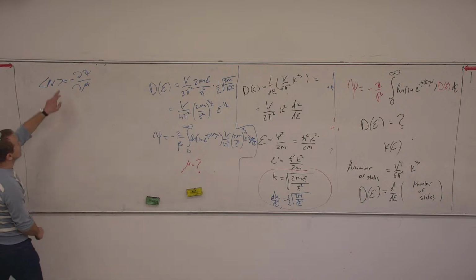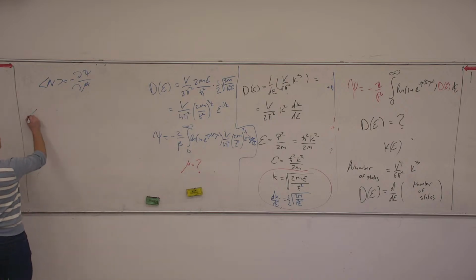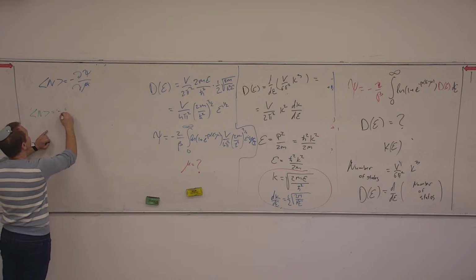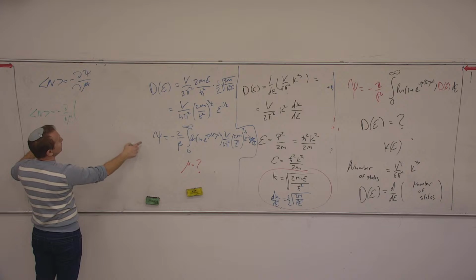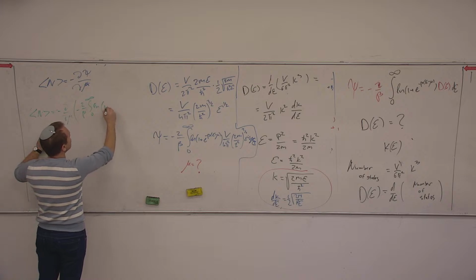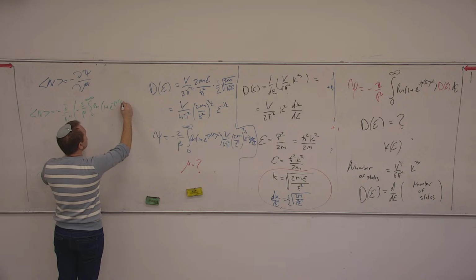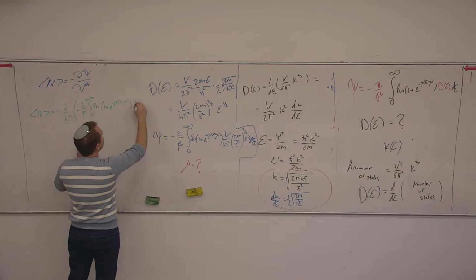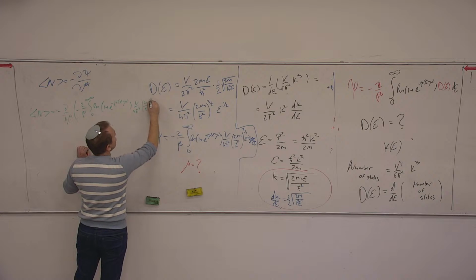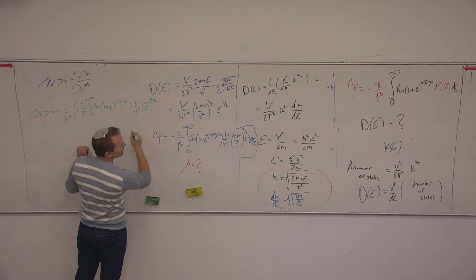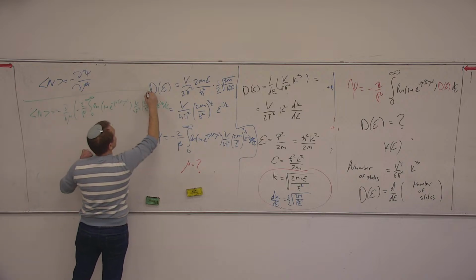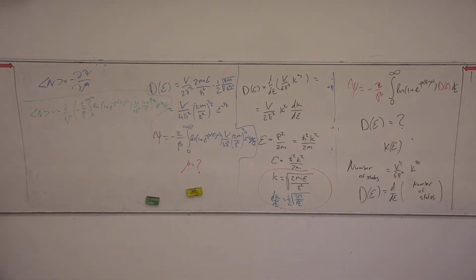Okay, so how are we going to do it? Let's take the derivative. The minus and minus kill each other. So N equals minus d to dμ of whatever we have inside, which is minus 2 divided by β, an integral from 0 to infinity, log of 1 plus e to the power minus β(ε minus μ), times V over 4π² (2m/ħ²)^(3/2) ε^(1/2) dε.